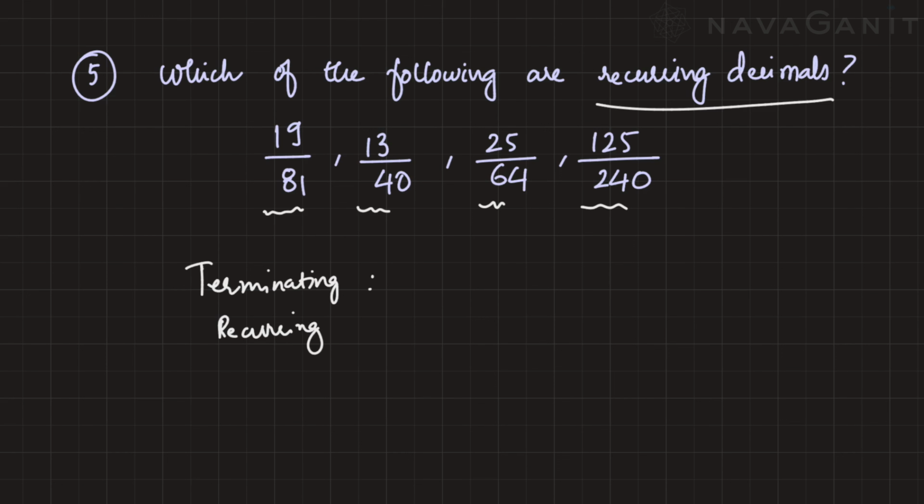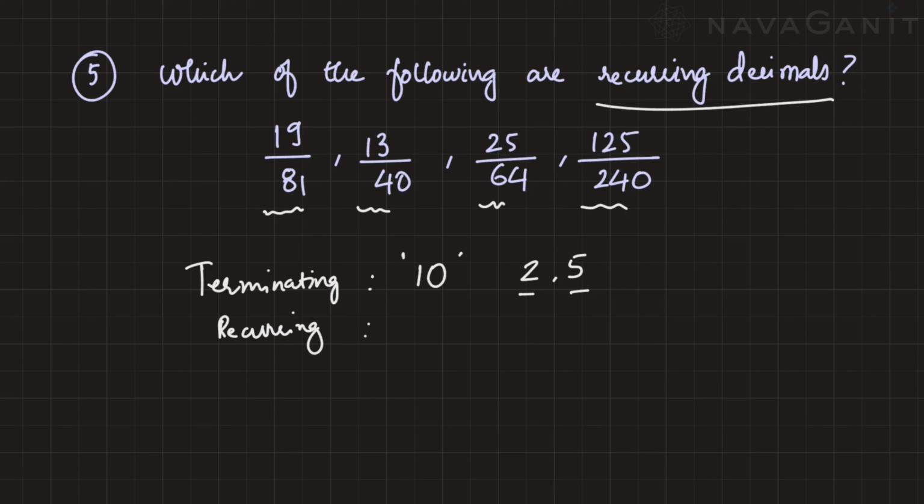Now for it to be terminating, the denominator should have only factors of 2 and 5.